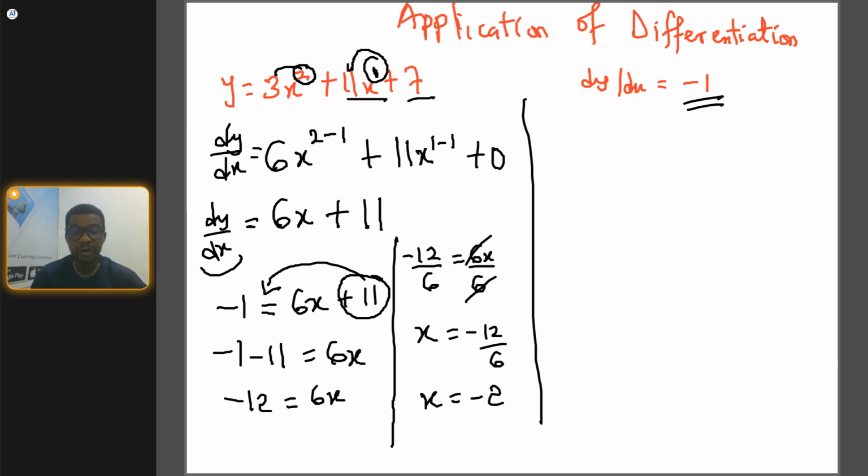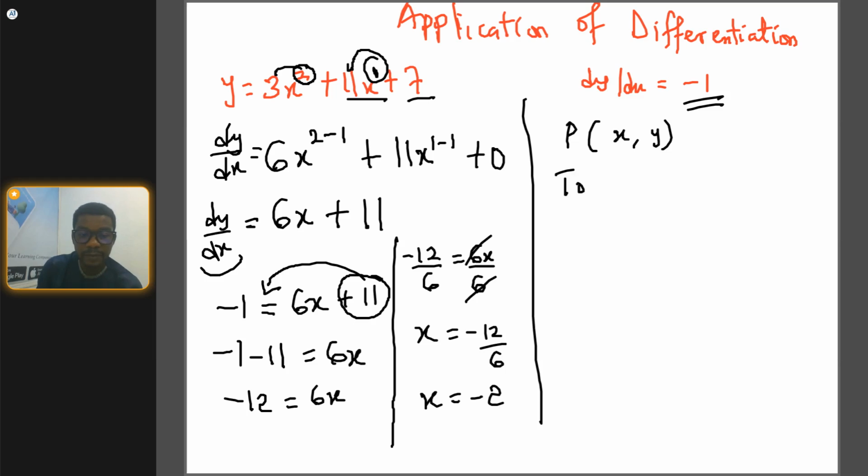We need to get the value of y, because the question is to find the point x, y, that is the coordinates of P. We've gotten x to be -2 from what we solved earlier. Now, how do we get y?